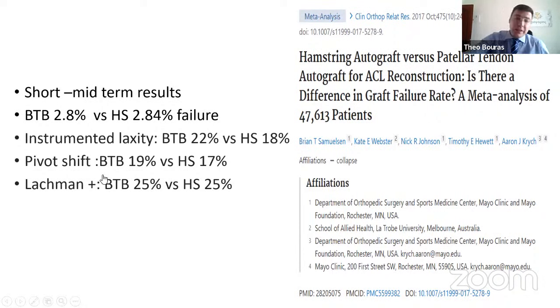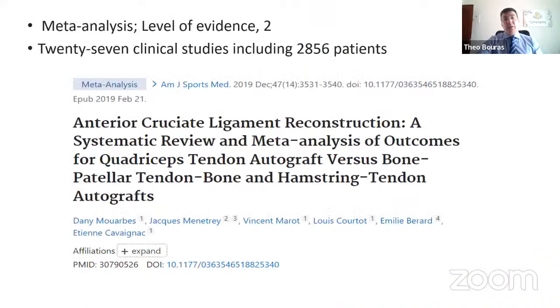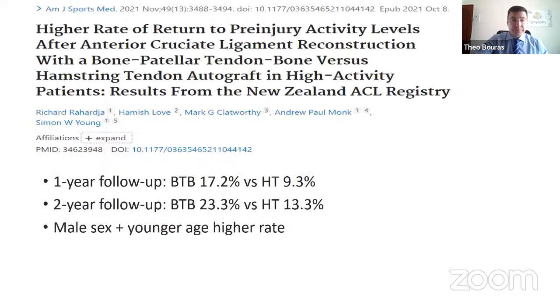Not statistically significantly different, even though the absolute numbers were better for the BTB. Another meta-analysis from 2019, including quadriceps tendon and comparing it with BTB and hamstrings, found comparable results between the 3 autografts, but better functional outcome with quad than hamstrings, and better donor site morbidity with quad than BTB.